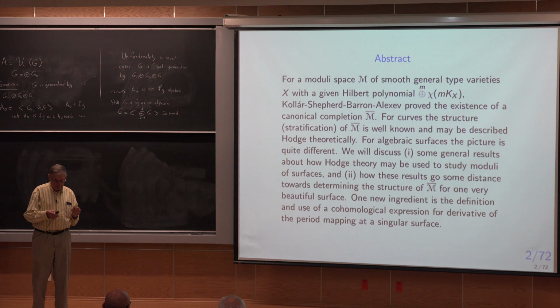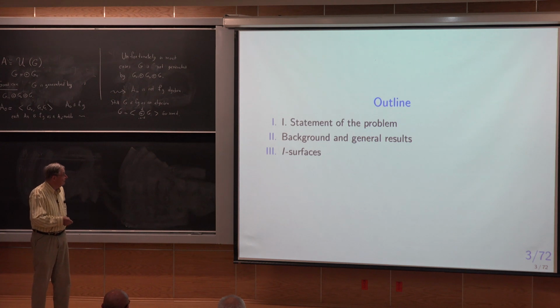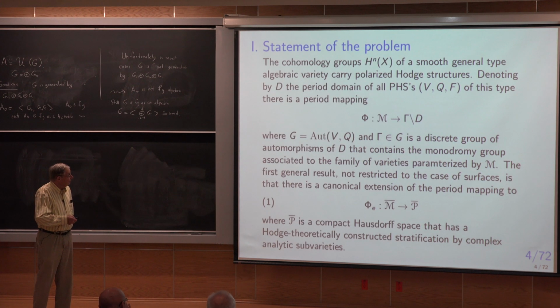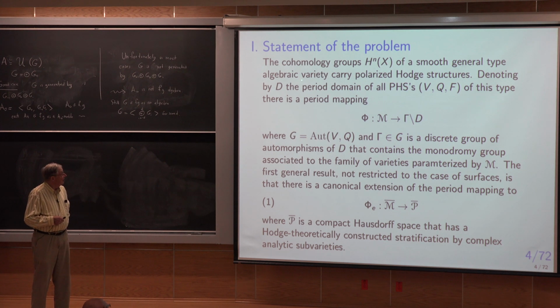So the general goal of this talk is to just explain the terms and at the end give the illustration of this one particular algebraic surface. To state the problem, and some of these terms will be defined in the talk, the cohomology of a smooth projective variety carries a very rich structure, a Hodge structure.